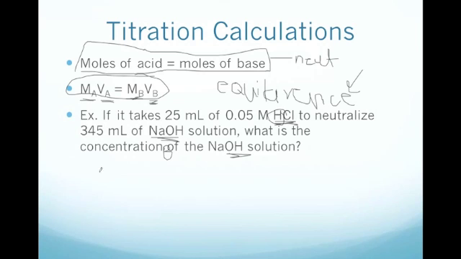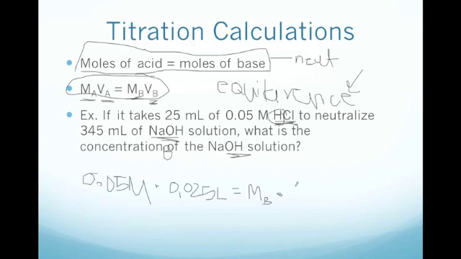Okay, so I'm going to set this up. 0.05 molar of HCl is going to go over here, and I'm going to multiply it by my volume. I can't use milliliters, so I'm going to swap over to 0.025. Make sure you move your decimal point over 3 places to get that, so 0.025 liters. And that's going to be equal to my molarity of my NaOH, which I don't know. That's what I'm looking for, so we'll leave it there as MB, times the volume of the base.